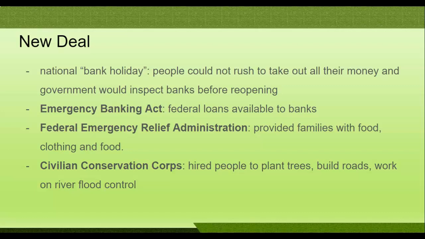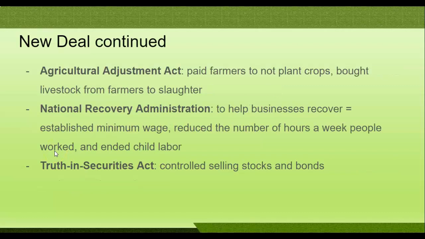So this was just the government creating all these jobs to hire people, to plant trees and build roads and work on river flood control, so that the rivers don't flood and people lose their homes. So again, this was the government's attempt to create all these jobs so that people would have money and be able to survive.